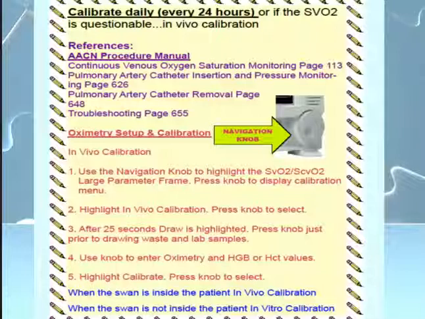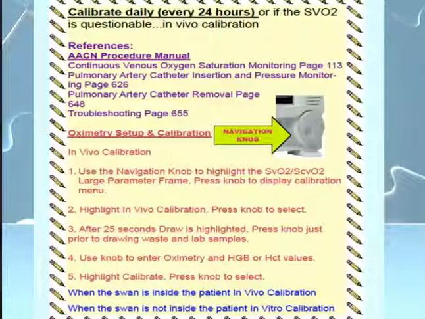So step 1, you're going to use the navigation knob. It's in the lower right of the Edwards monitor. And you're going to press the knob to display the calibration menu. You're going to highlight the in vivo calibration, and then you're going to press the knob to select that.